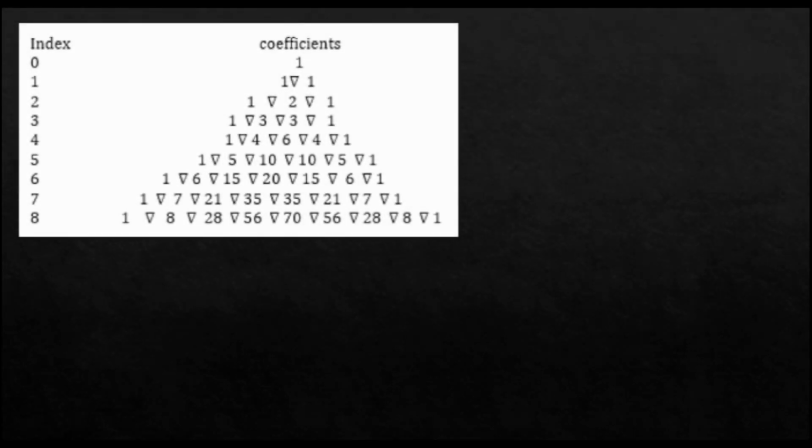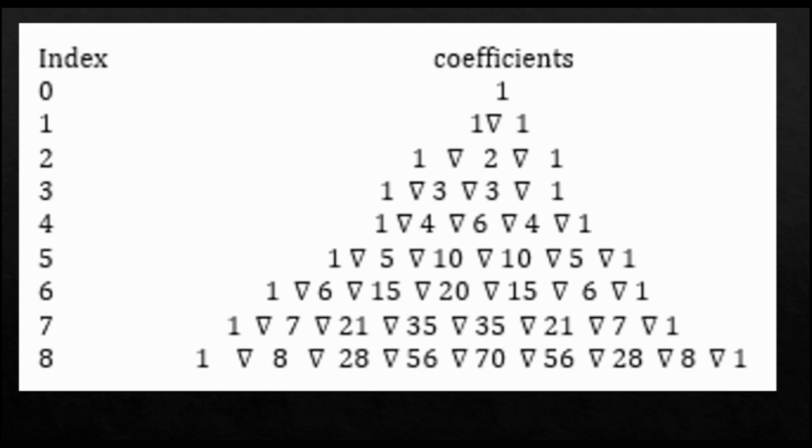This is Pascal's triangle with the coefficients and index. It looks like a triangle. At the top, for index 0, it has coefficient 1. In each row, the coefficients start with 1 and end with 1.